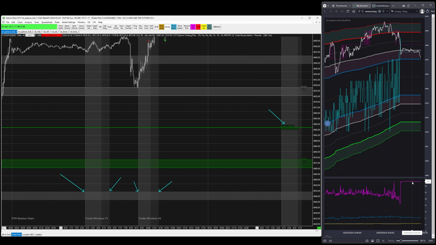So we know that we have a bullish sentiment in dealers positioning based on this violet line.